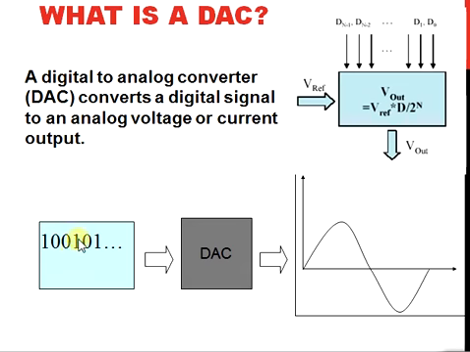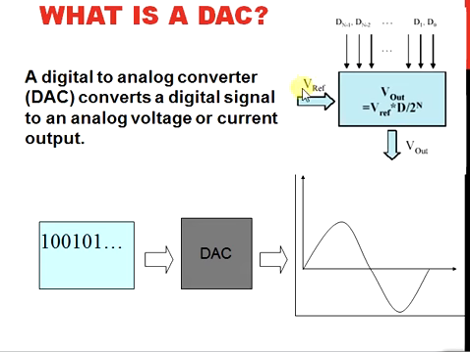These are our digital inputs, in the form of ones and zeros. They have to be converted using a suitable converter so that you get the corresponding analog signal. This is one block diagram of a digital to analog converter, where the input digital signals are D0, D1, D2, up to Dn, and they are converted into an analog voltage.